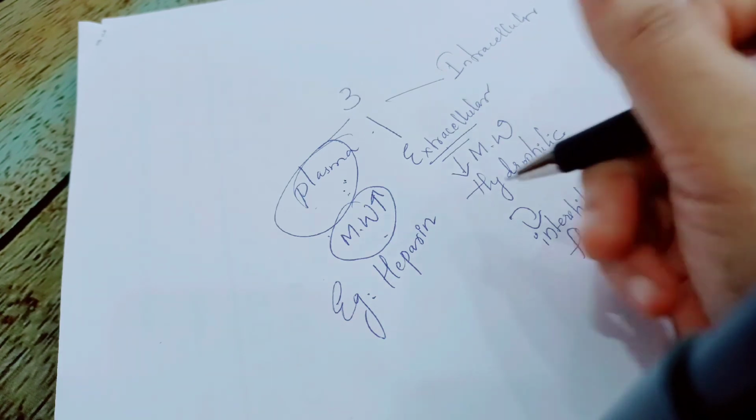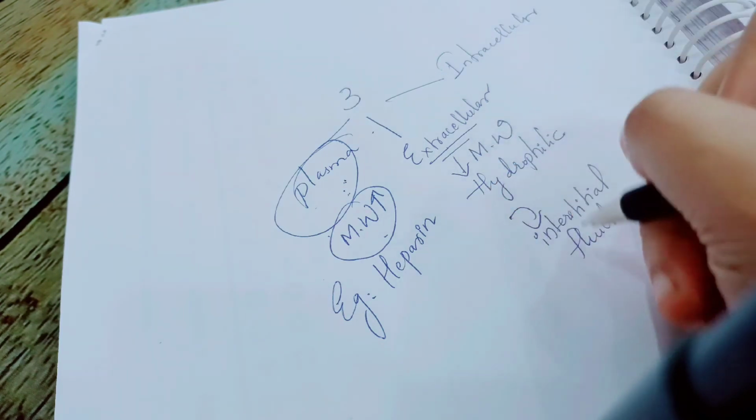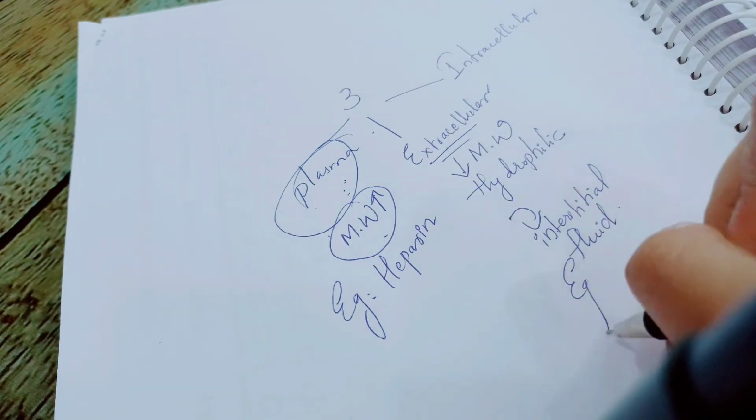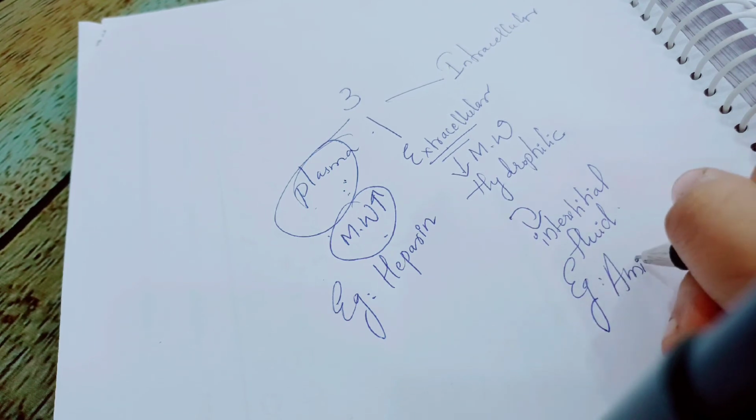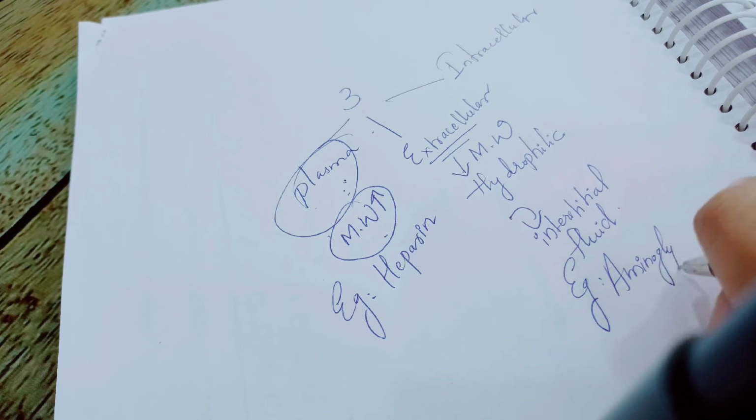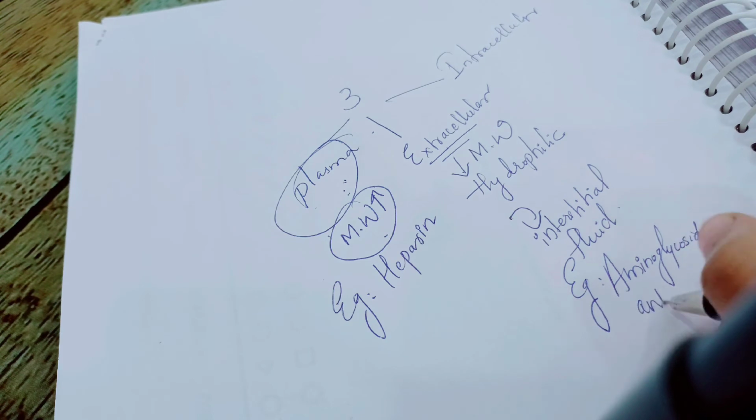So it remains in the extracellular compartment. An example of a drug which shows such a distribution is aminoglycosides, an antibiotic.